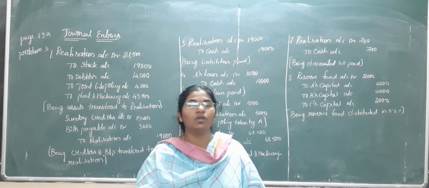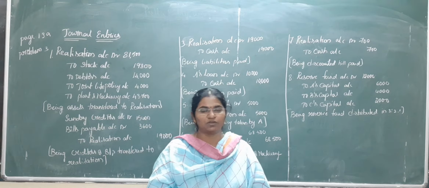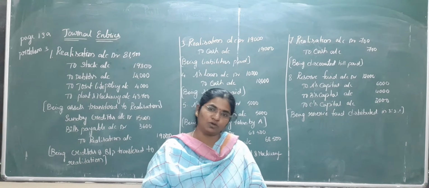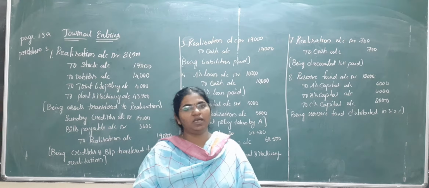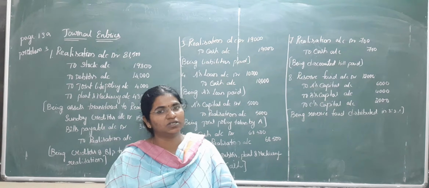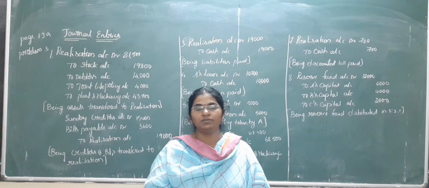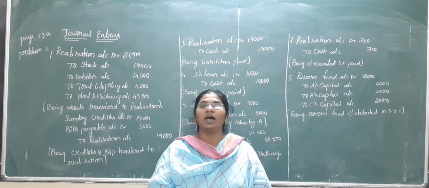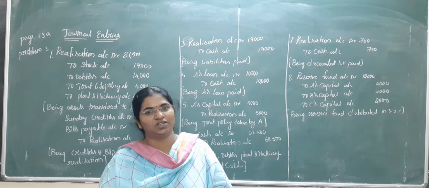Okay students, based on all these journal entries, now we have to prepare ledger accounts so that we can close the books of accounts of the partners, because the partnership is dissolving. So what ledgers do we have to prepare? Realization account, partners' capital accounts as well as cash account.